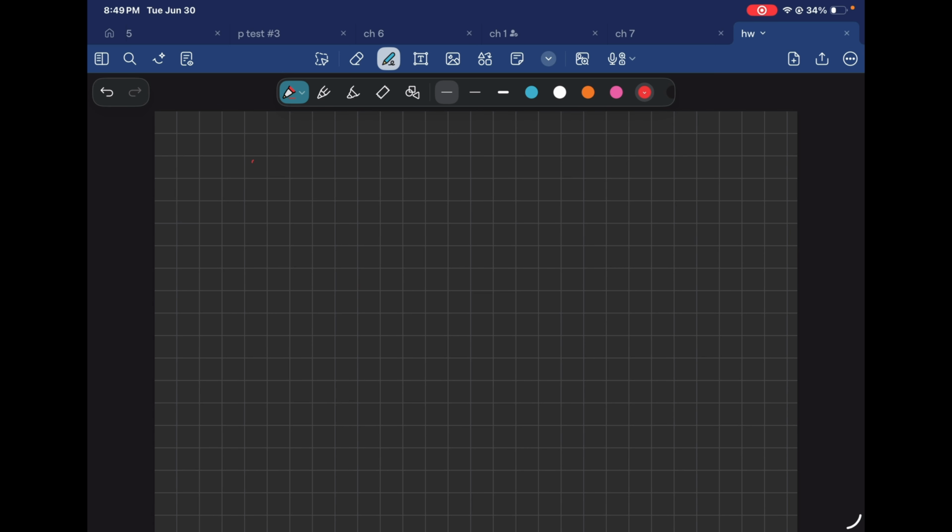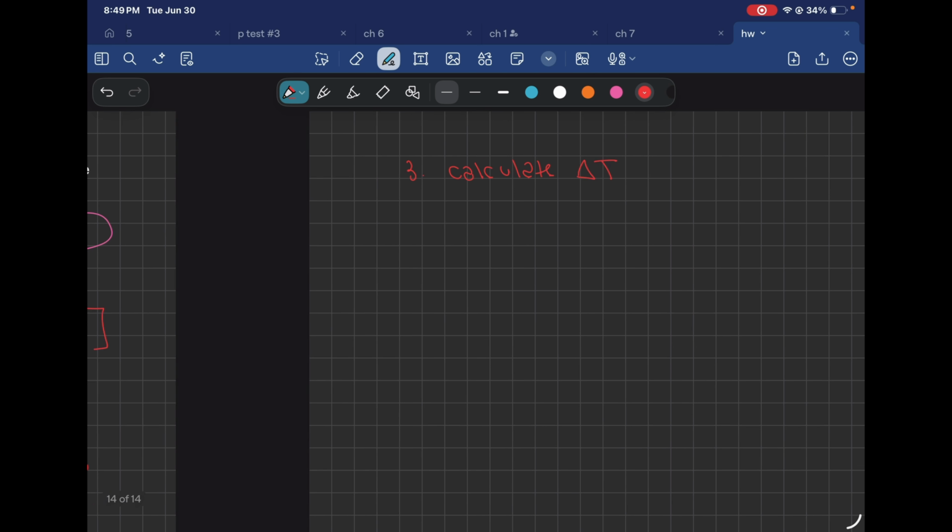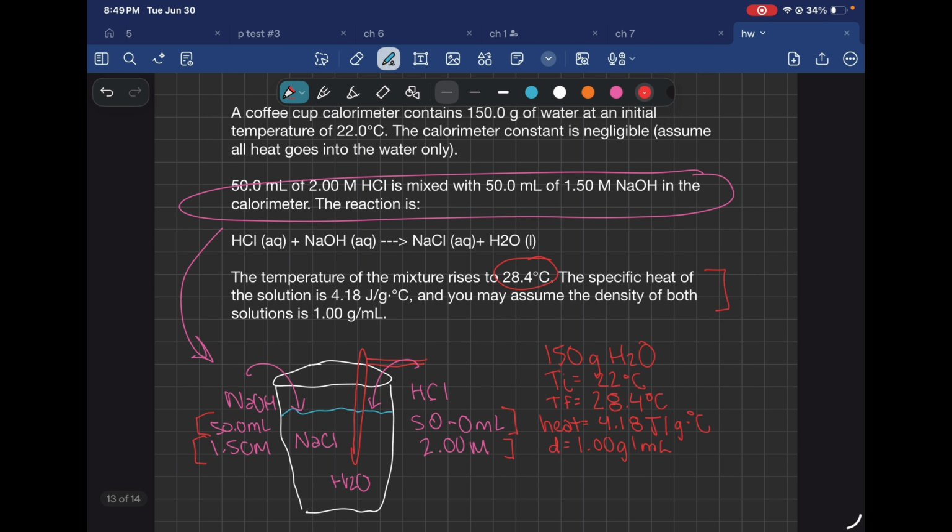I have to go into a new page. Now we must calculate delta T. To calculate delta T, we must subtract our T initial from our T final. Right here we have our T final, which is 28.4 degrees Celsius, and our T initial, 22 degrees Celsius.